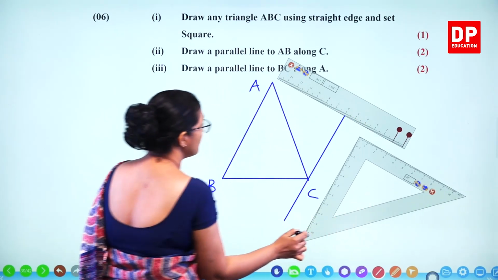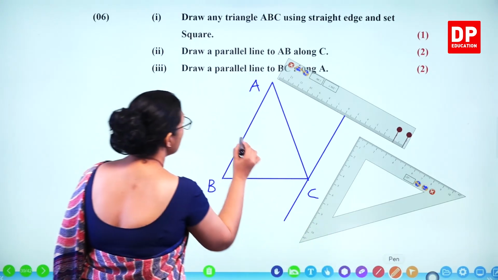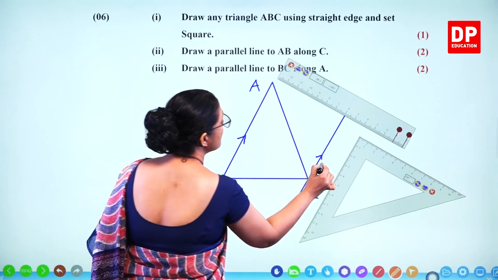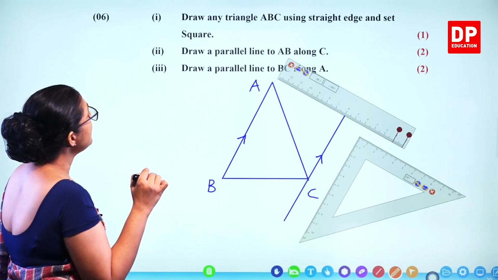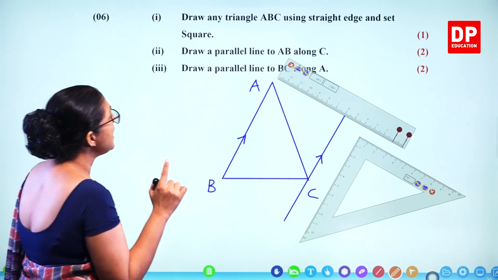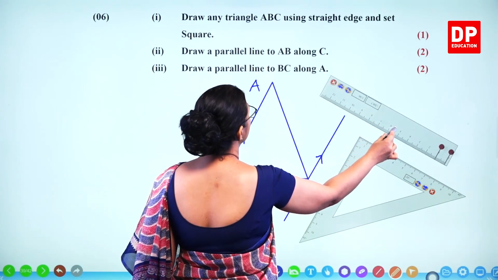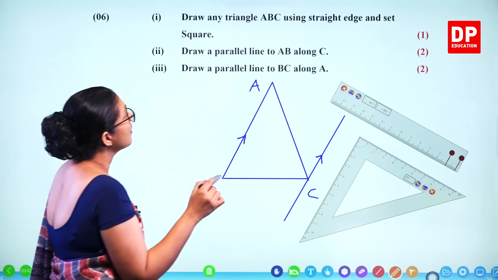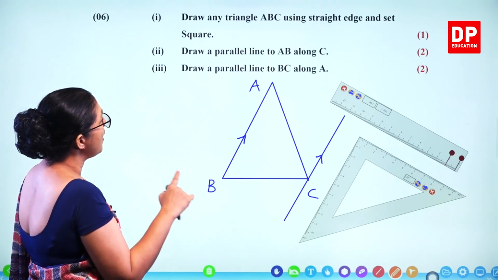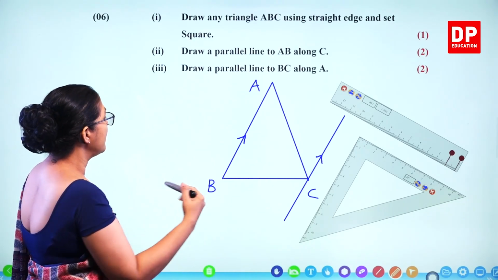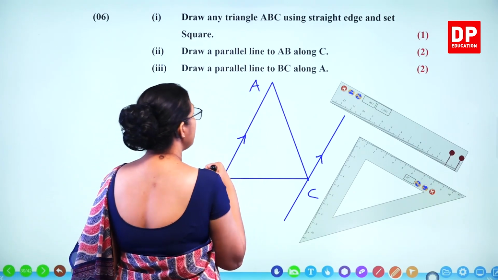Then what you do? So that's parallel to this one, parallel to AB. Then draw a parallel line to BC, along A. So you have to draw a parallel line there.